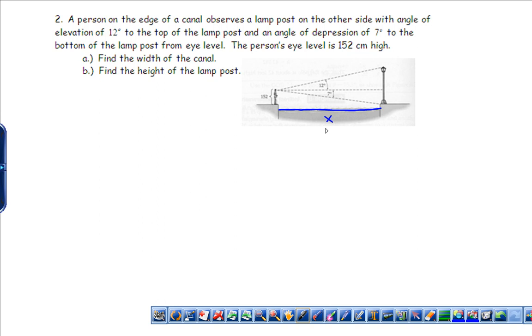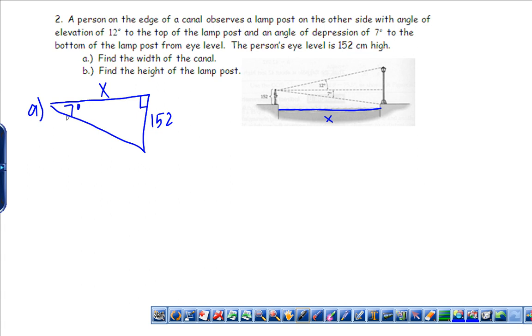Okay, what I'm going to do is break these two triangles apart. So for A, if I want to know the width of the canal, I know how tall the person is. I think I'm going to use the depression triangle. So I'm going to redraw that. I don't know this width right here, the length of the canal. I do know it's 7 degrees, and I know how tall the person is. I'm just moving some information over.